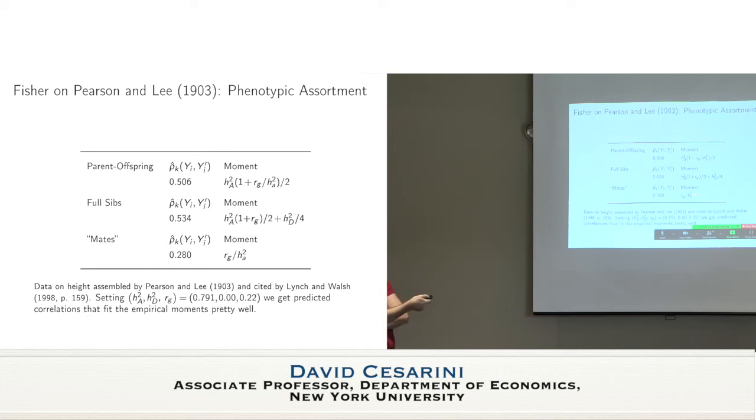But there's a restriction that the logic of the model requires to hold, that RG over H2A has to be equal to the spousal phenotypic correlation. And so if you don't impose that restriction in estimation, you're not really estimating the model.